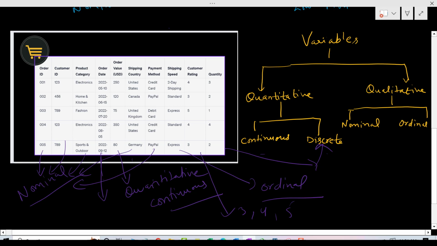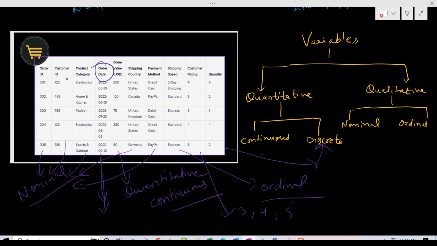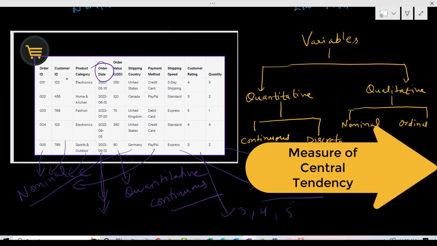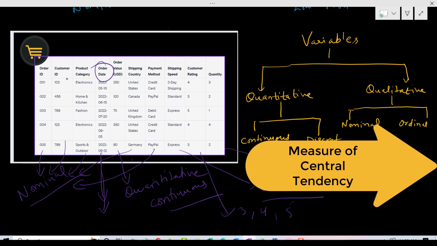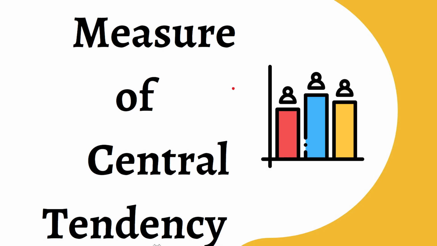And let's come back to order date. What kind of variable is it? What do you think? Order date is definitely a numeric variable, but it can be discrete or continuous depending on its format. In the current format, it is discrete, right? But if we had added time to it, then it would have become a continuous numeric value.